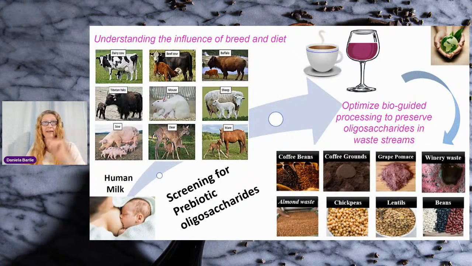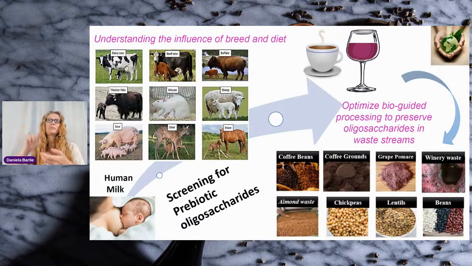I talked about bovine. We actually study many types of mammals. We are understanding, through funding by the USDA, the influence of breed and the influence of diet to increase the levels of these molecules for extraction and transformation into ingredients. And then we also looked at plants and pleasurable fluids like coffee and wine. And we found oligosaccharides there.